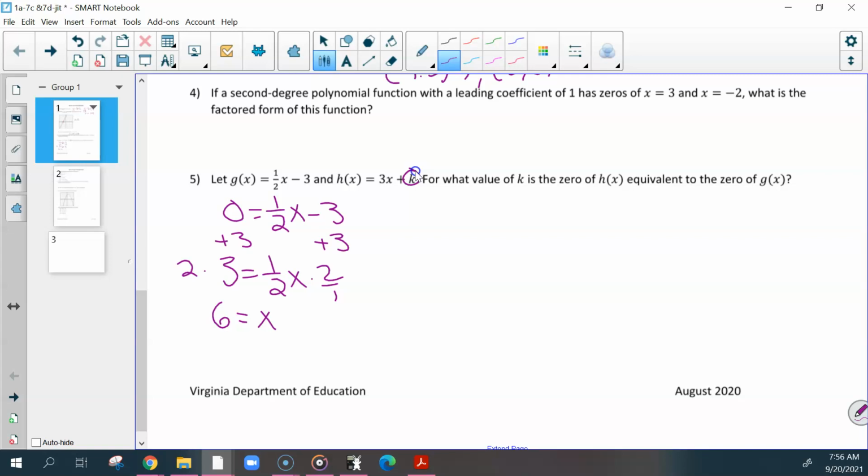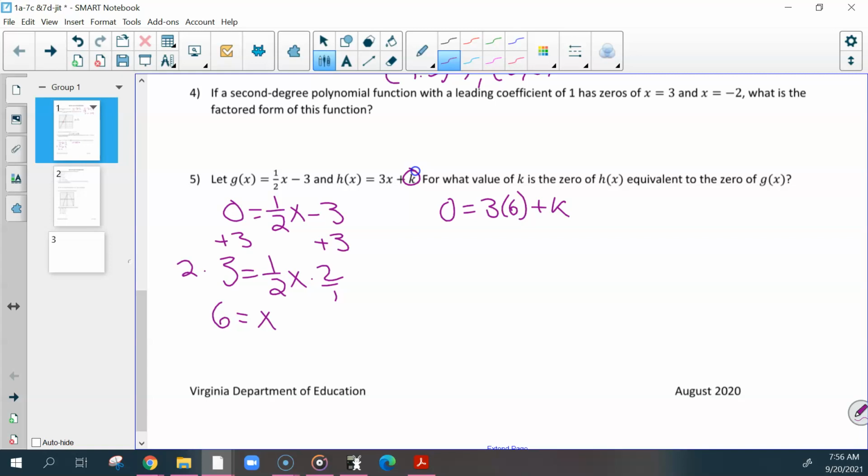So for this one, in order for x to equal 6, I'm going to put that in and put 0 in for y and solve that way. Because I know the zeros need to be the same.